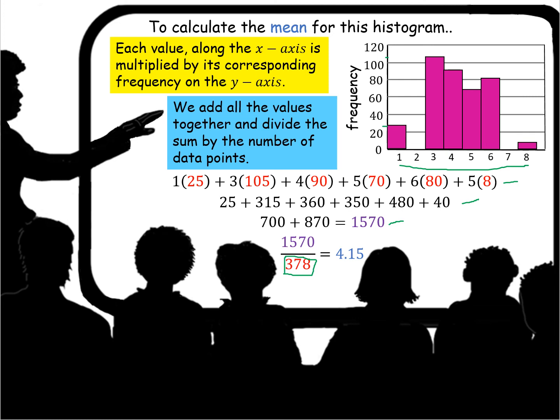If I add 20 plus 105 plus 90 plus 70 plus 80 plus what appears to be approximately 8 or 5, I come up with 378. So my mean for this histogram, when I do the division, is 4.15.